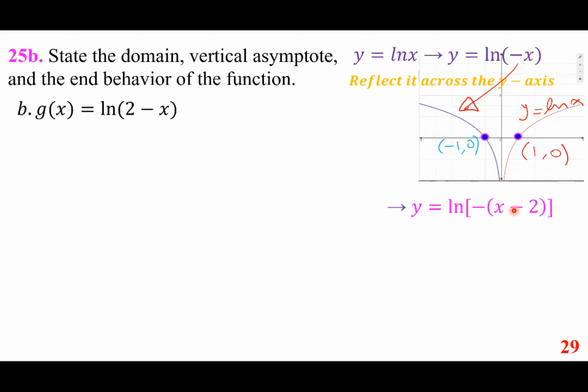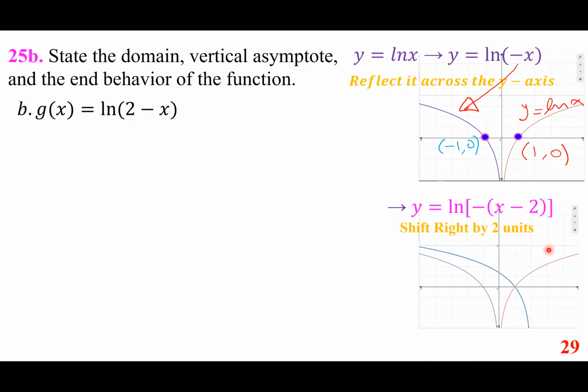Therefore, because of negative 2 along the x-axis, it shifts to the right by 2 units. Therefore, this negative 1, 0 moves to the right by 2 units. If you add a 2 to the x, negative 1 becomes 1, 0. So it goes back to 1, 0. I hope everybody can see why, because minus 1 plus 2 gives you this new point. So this is the graph of g of x equals ln of 2 minus x with the vertical asymptote. Set this one equal to 0.